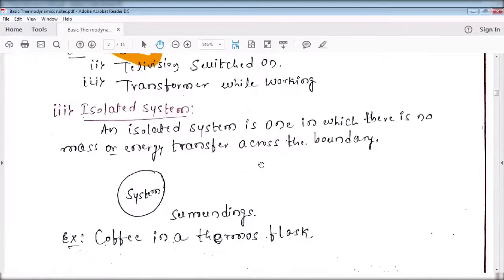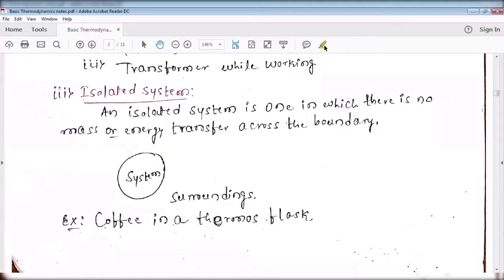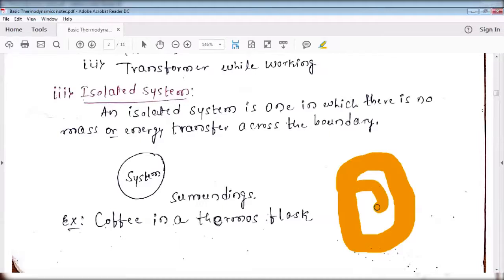How is it the best example? Just observe here. Assume that this is a thermos flask. This is perfectly closed, and I'll draw another layer. This is perfectly insulated. Inside the closed container, hot coffee is there.